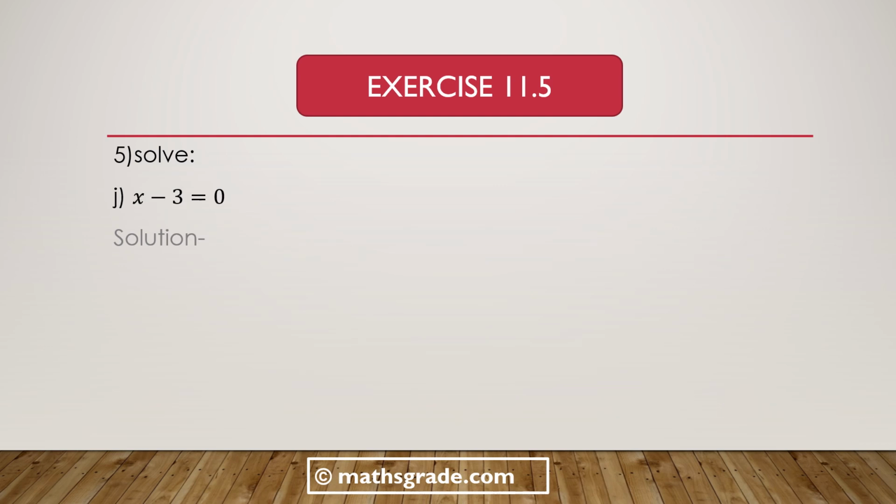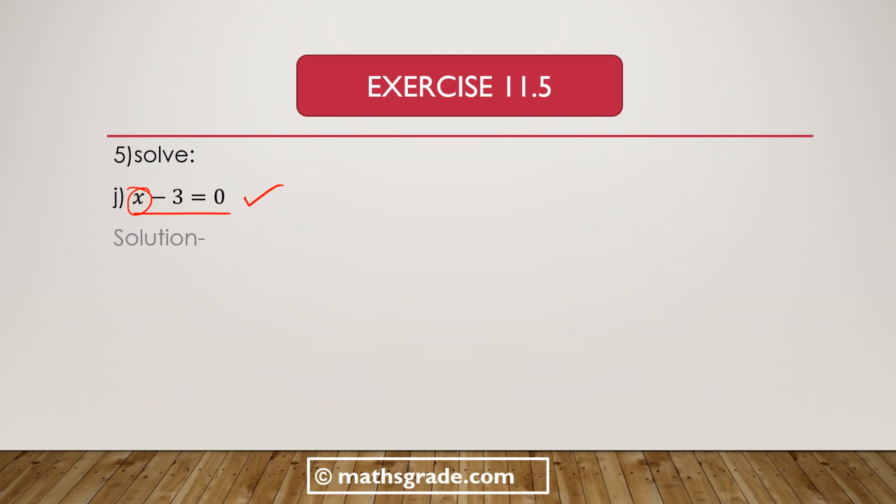Now part (j): x minus 3 equal to 0. This is the equation given and we have to find the solution of the given equation. We have to find the value of the variable x. X minus 3 is on the left hand side and 0 is on the right hand side.